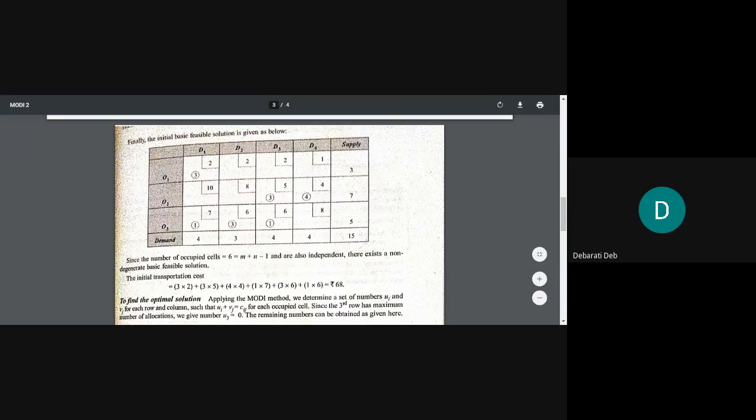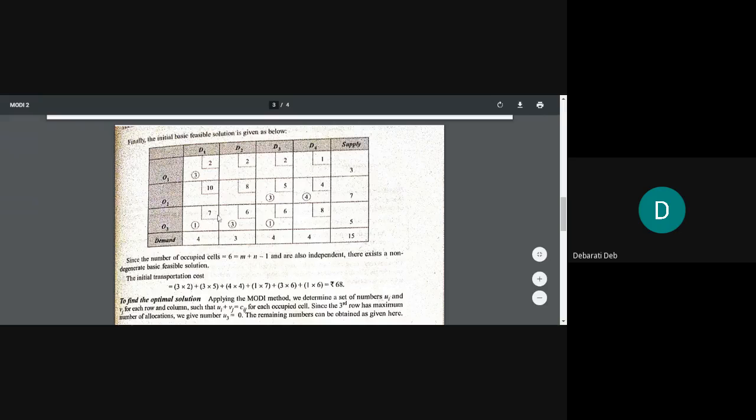We will start with the first column, that is O3D1. That means this is our first allocated cell.